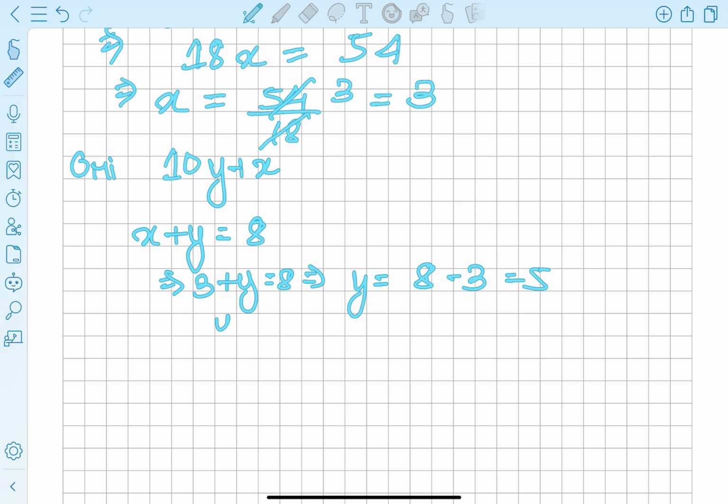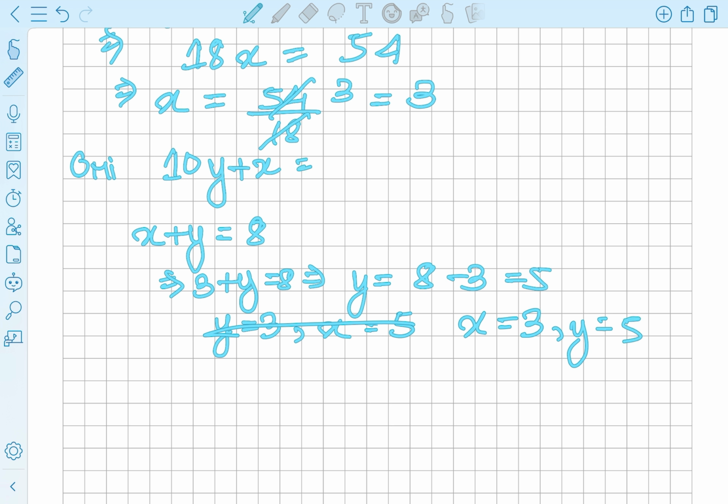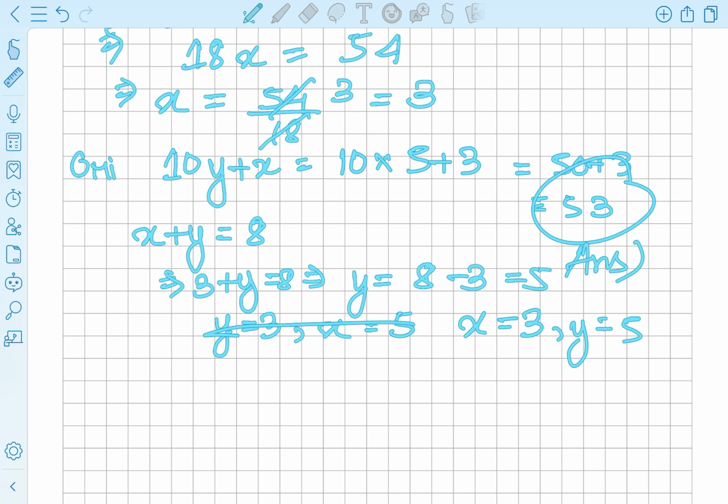So y is 5 and x is 3. I had written the opposite. x is 3 and y is 5. So the original number is 10y plus x, which means 10 into 5 plus 3, which means 50 plus 3, 53. So this is the original number and this is your answer.